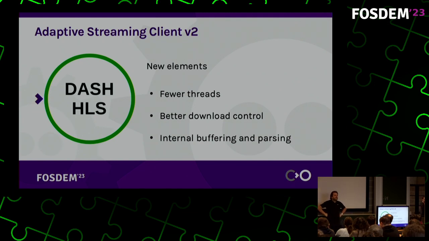It's much more simple, has fewer threads, much better control on how we download things, on the buffering. We do a little bit of the parsing in there because sadly for many of these formats you have to actually parse the bit stream to handle it properly. So this is all implemented as one would do in this decade.